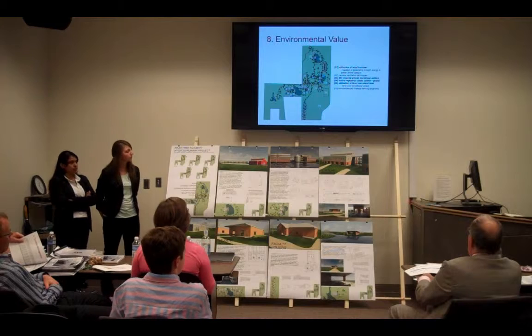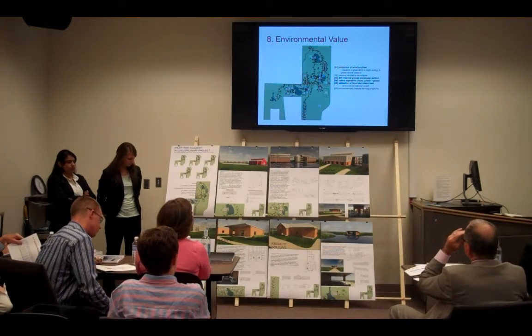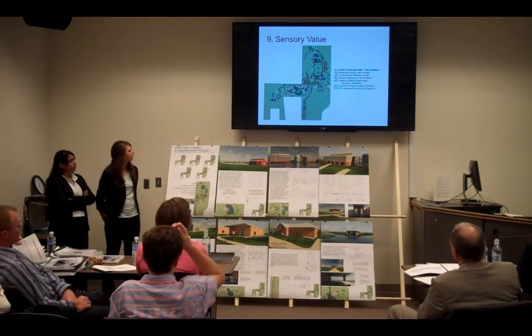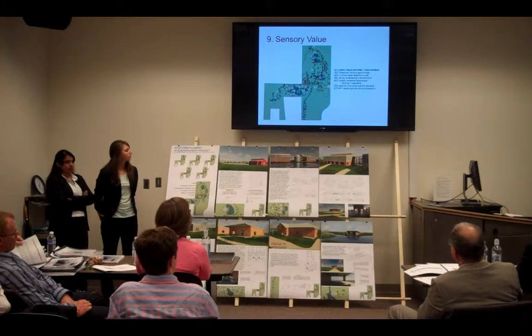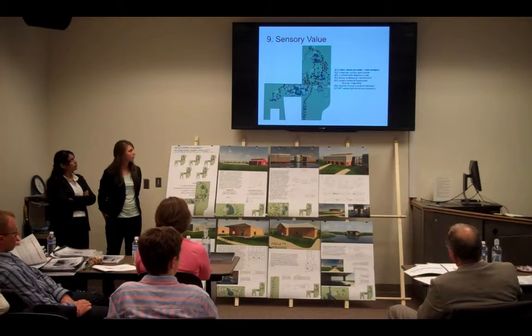For environmental value, we have utilization of the wind turbines, and we also utilize crushed granite permeable surfaces throughout for all the walkways. For sensory value, we focus on creating iconic visual elements and view corridors throughout the site. So we really thought about, as you're walking through the site, what are you going to be looking at, and what are the little moments that will be created throughout the site.